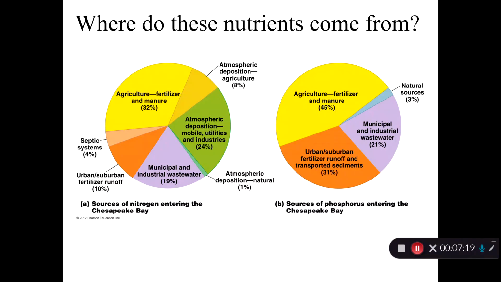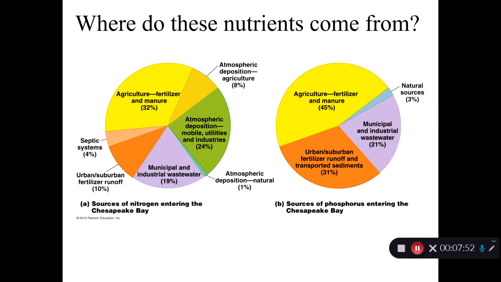So this is looking in particular at first nitrogen and then phosphorus, and where they are coming from before they hit the Chesapeake Bay on the East Coast. And so you can see that fertilizer for agriculture is a big piece of where those increases in nutrients to our aquatic systems are coming from. And you'll see that for nitrogen in particular, we already talked about how we create more reactive nitrogen in the atmosphere.